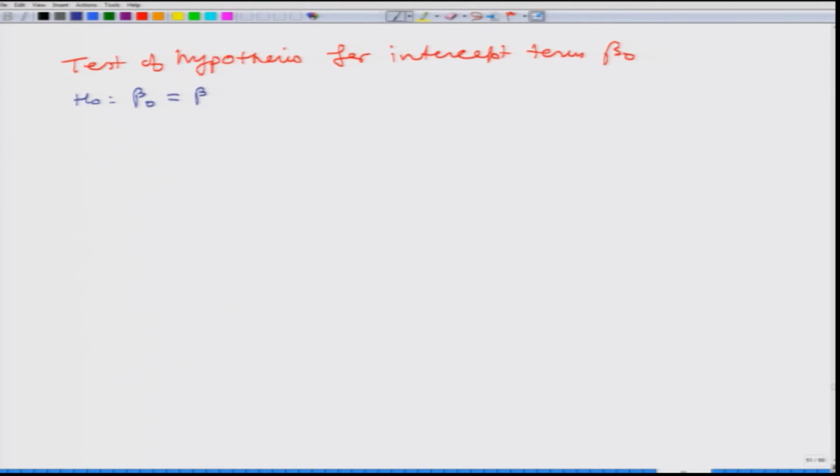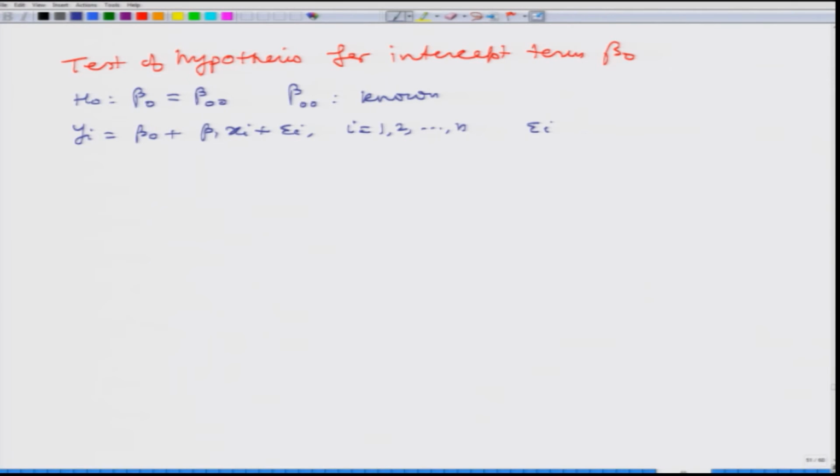We are interested here in testing the null hypothesis for the intercept term, beta 0 equal to beta 0 0, where beta 0 0 is some known, given value, right. We had considered the model y i equals beta 0 plus beta 1 x i plus epsilon i, and we had observed n sets of data.